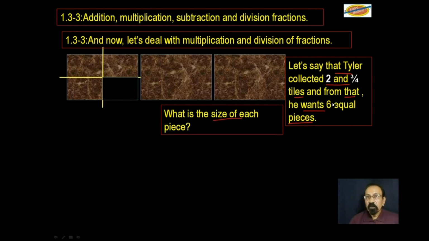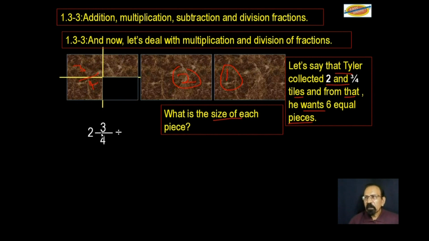So he has 2 3/4 tiles, as you see up here. 1, 2, and 3/4 tiles. He wants to divide that into 6 equal pieces, or the equivalent of 6 equal pieces. So what will be the size of one of those pieces?